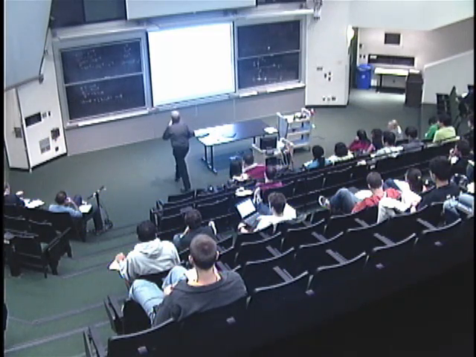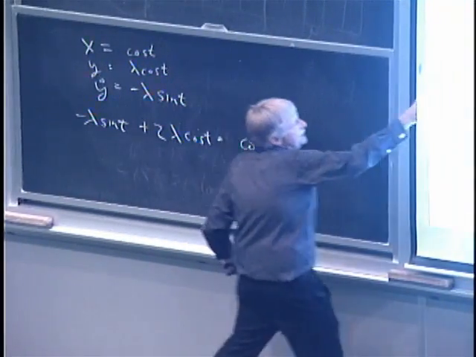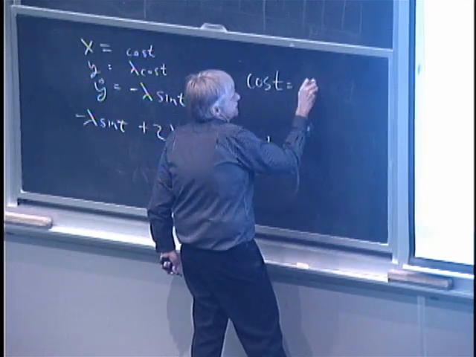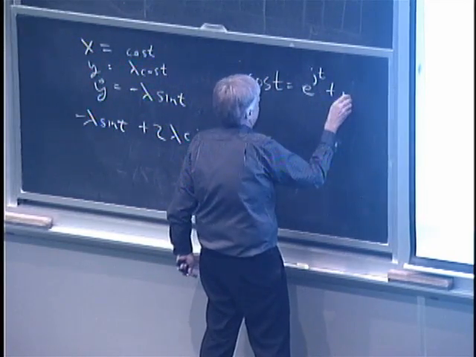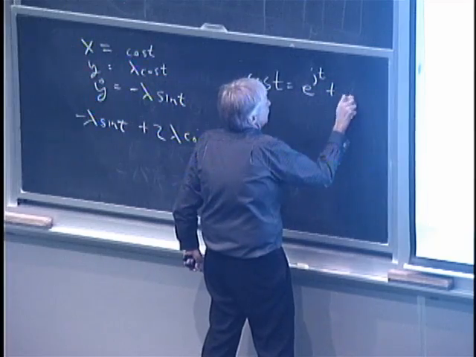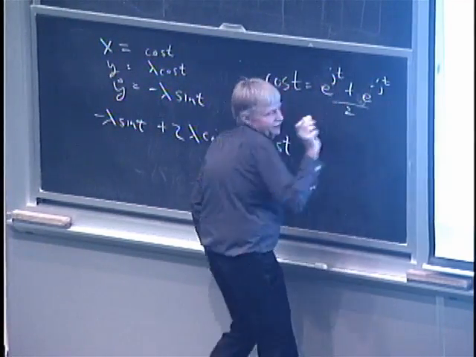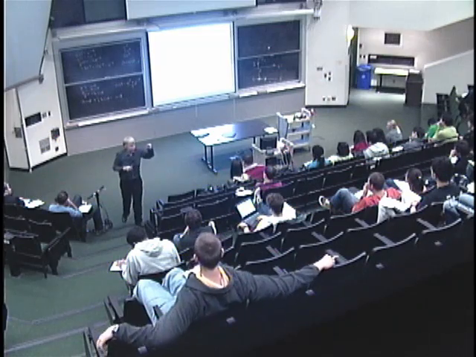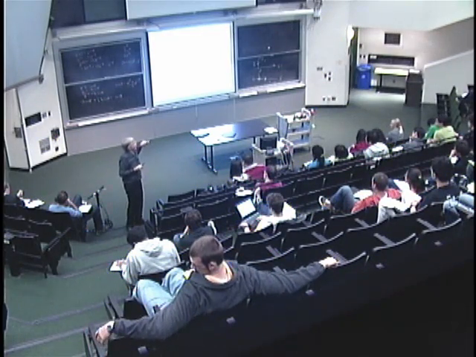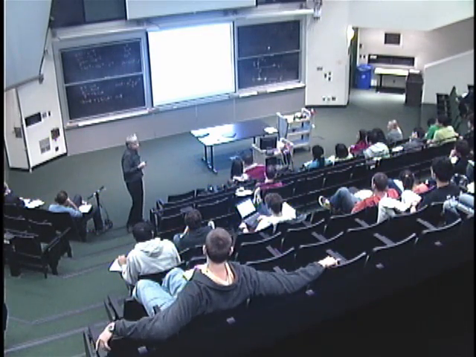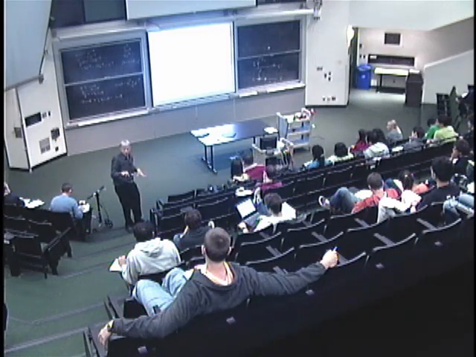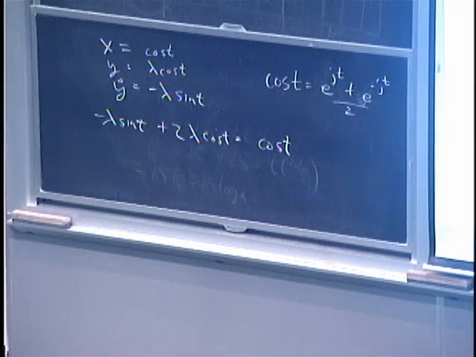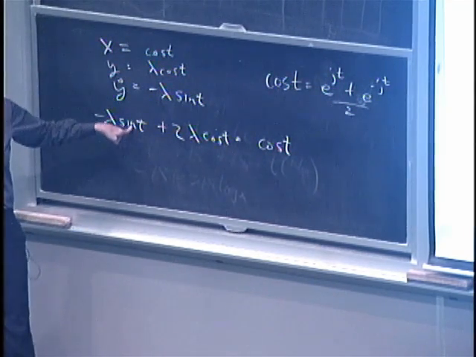Had we thought about cosine t as e to the jt plus e to the minus jt, divided by 2, it would have actually turned out that we could think about the complex exponentials as being eigenfunctions. But the cosine function itself, thought of as a strictly real function, there's no way you could choose the constants to get rid of the phase shift that would be introduced by the sine.